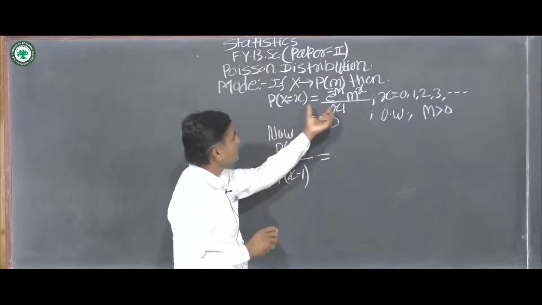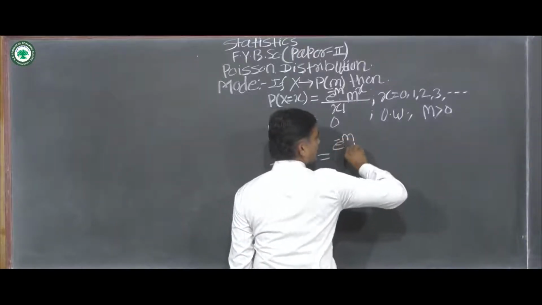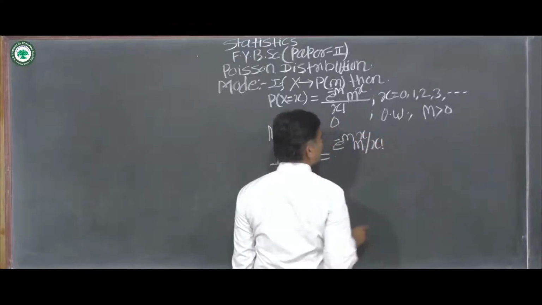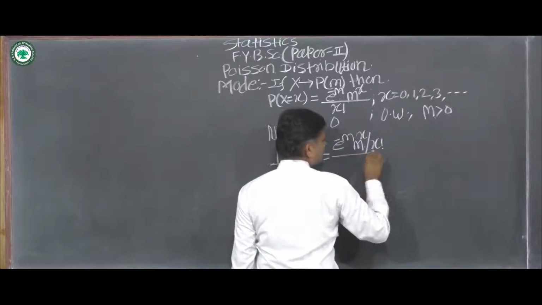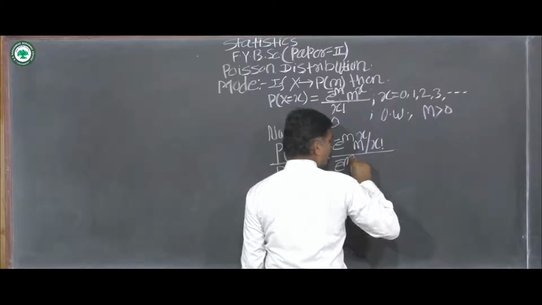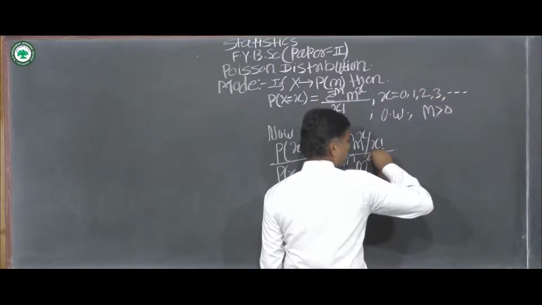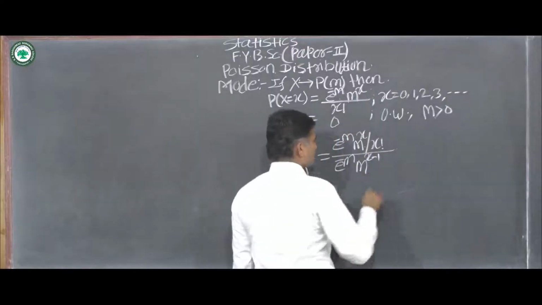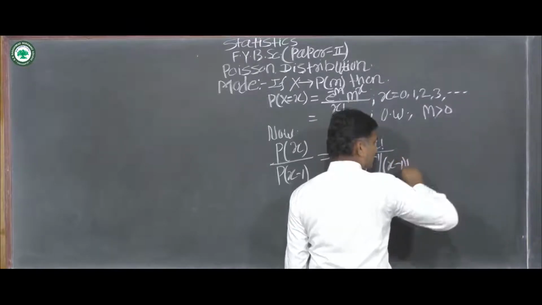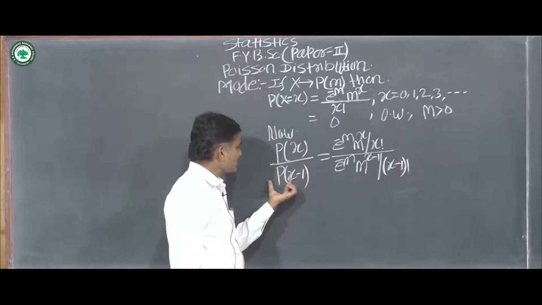P of x is equal to e raised to minus m, m raised to x upon x factorial, divided by e raised to minus m, m raised to x minus 1 upon x minus 1 factorial. This is the ratio of p of x upon p of x minus 1.